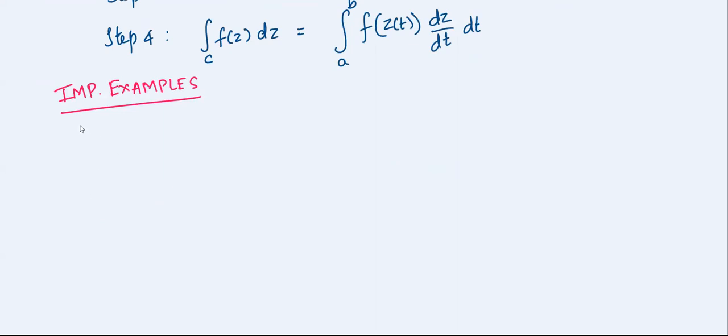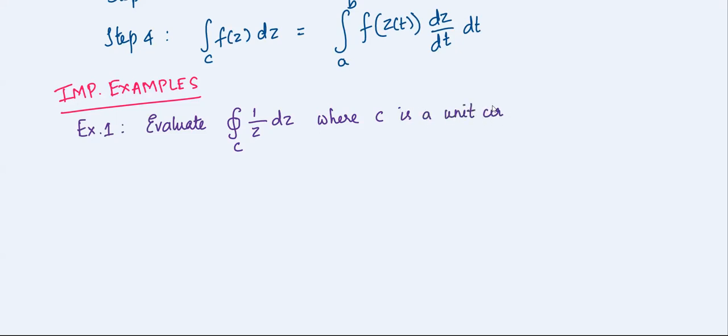The first one, evaluate the closed integral over C of 1 by z dz, where C is a unit circle with center at z equal to 0.